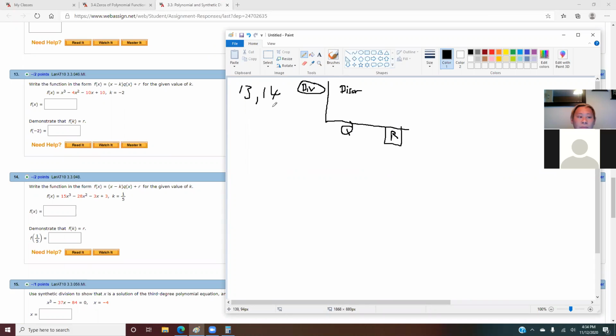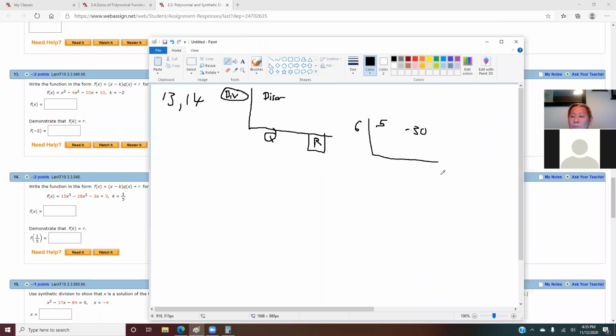Remember last time when we did a synthetic division with 6, and then a 5, and then a negative 30, negative 15 and 90. Then you got 5, 0, negative 15, and 0. This is what you got, right?